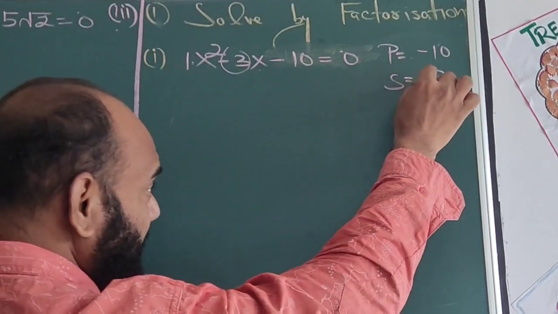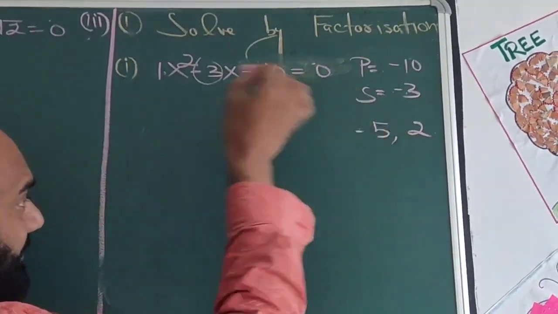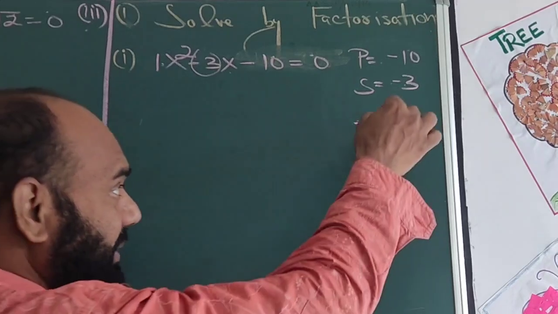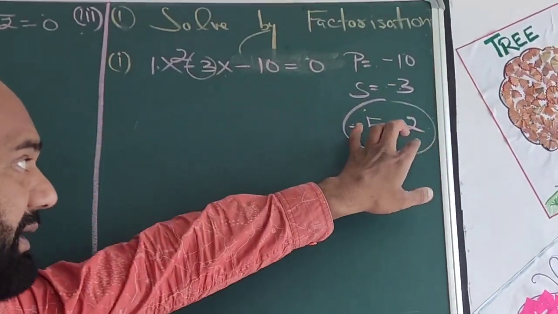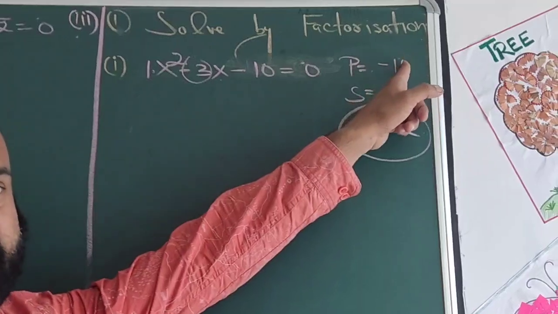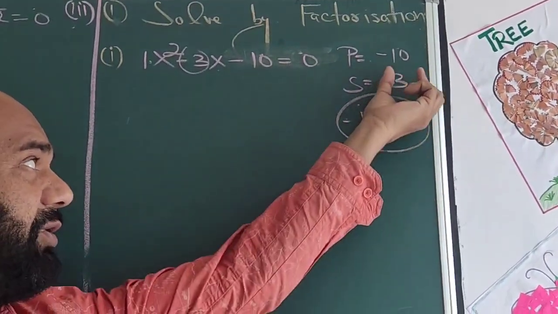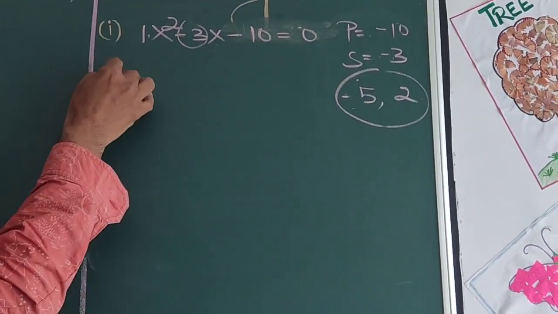According to the sum it will be equal to minus 3. So we take 5 as minus and 2 as positive, because when we multiply minus 5 by 2 it will be equal to minus 10, and when we add minus 5 and 2 it will be equal to minus 3. So these are the suitable factors.